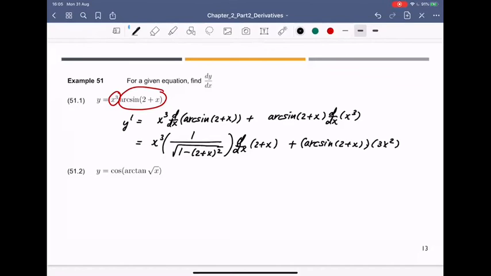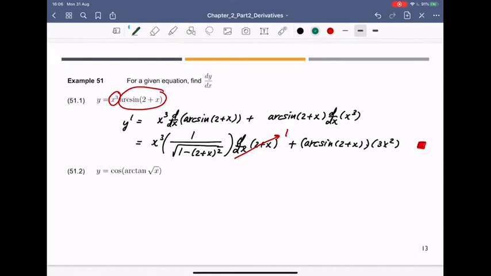The derivative of 2 plus x is 1, and 1 multiplied by anything is the same, so I'm done. Simple, right? This is a piece of cake, super easy.